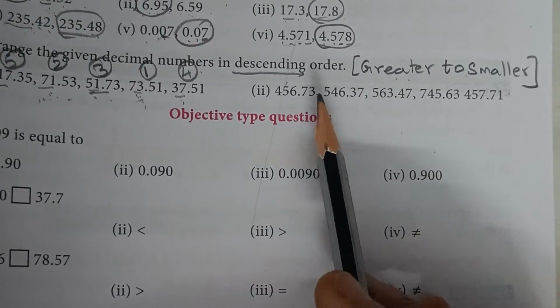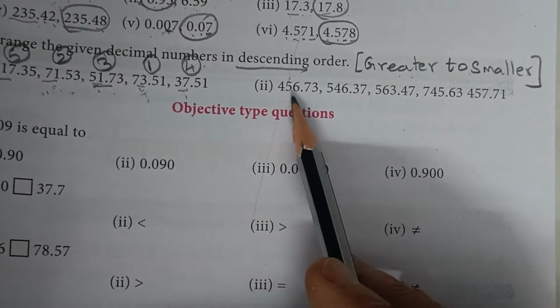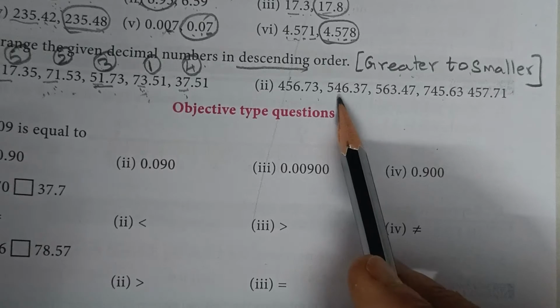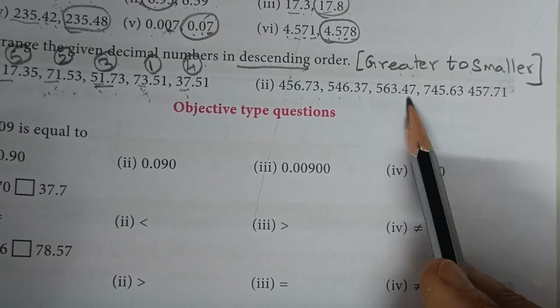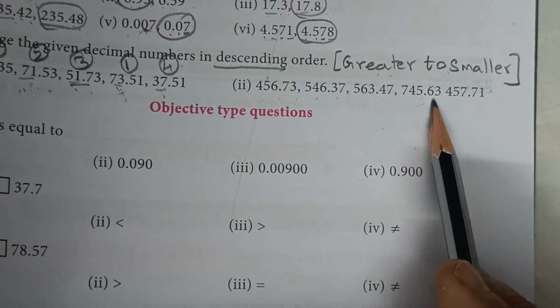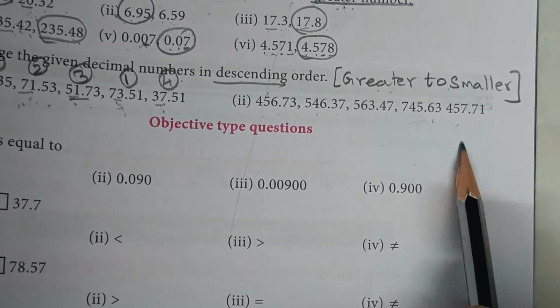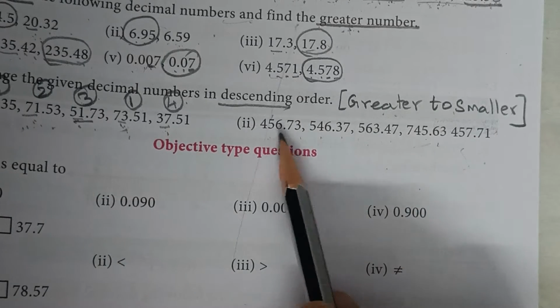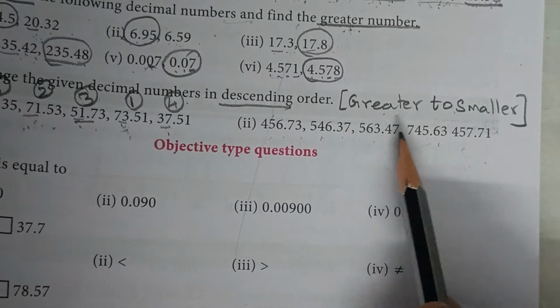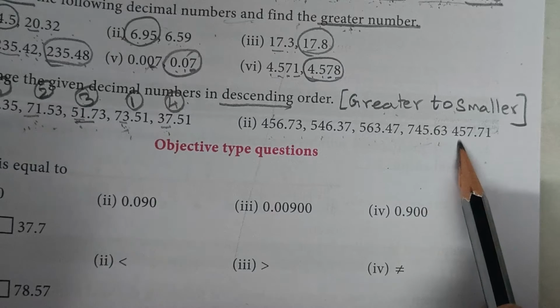Okay, now look at the next one. 456.73, 546.37, 563.47, 745.63, 457.71. Which is greater? 456, 546, 563, 745, 457.